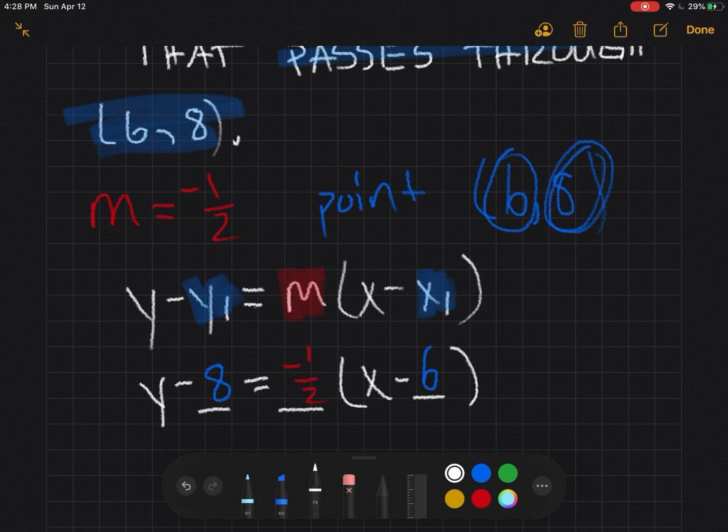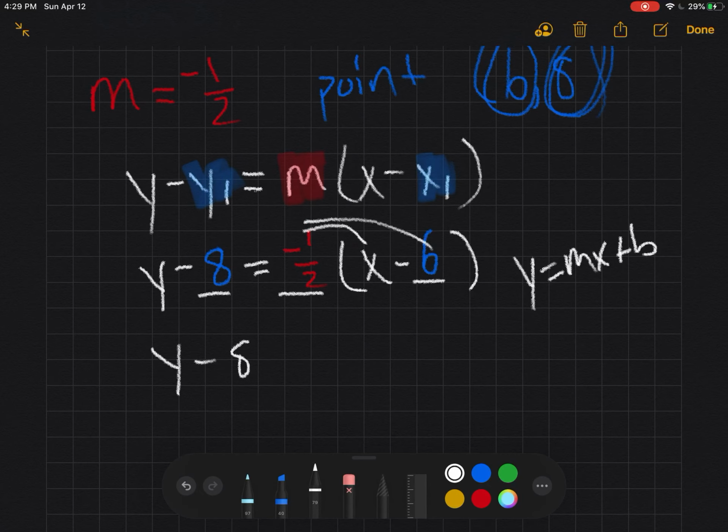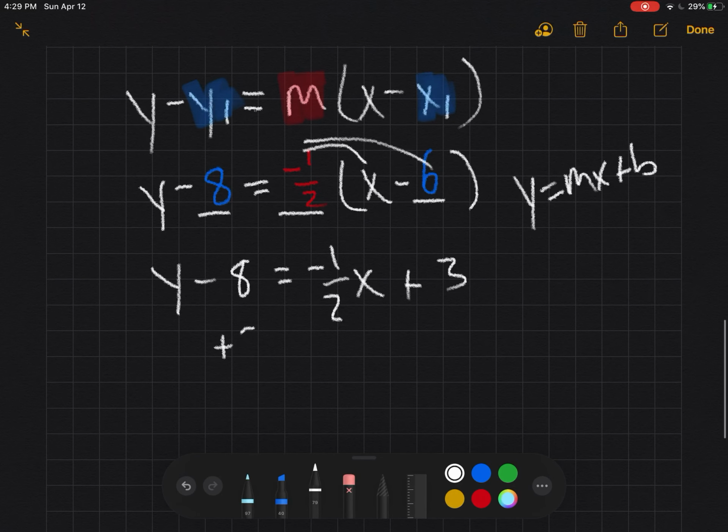We wrote the equation of a line that's parallel to the given line and goes through the point 6, 8. And most of the time they want you to write this in slope-intercept form. So most of the time they want you to write it as y equals mx plus b. So we can figure that out by solving this equation for y. y minus 8 equals -1/2 x plus 3.